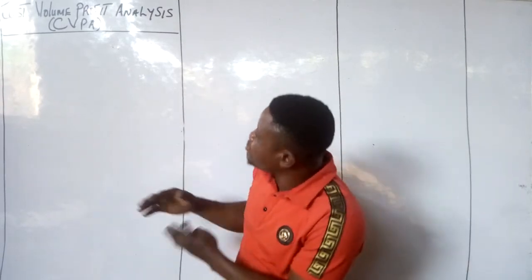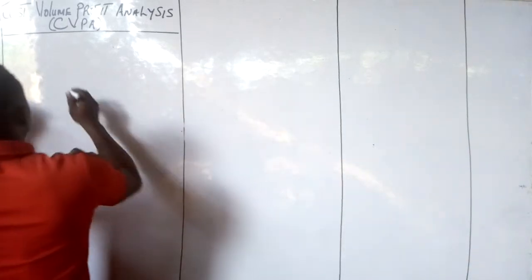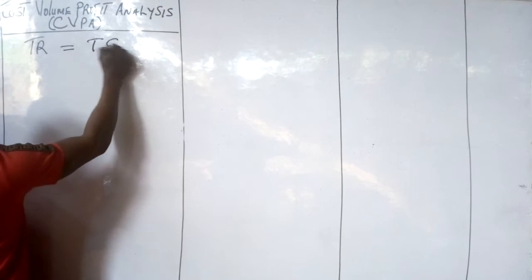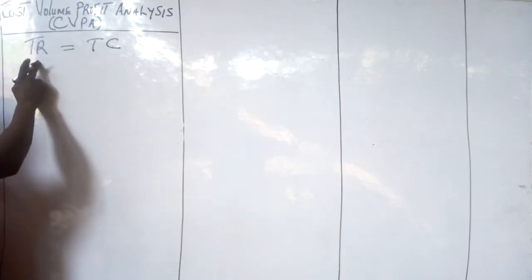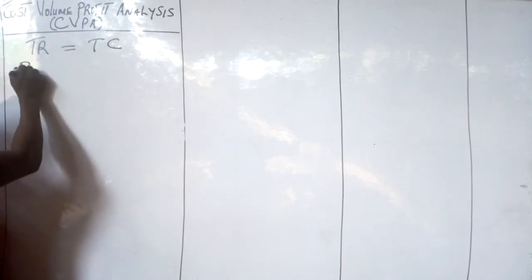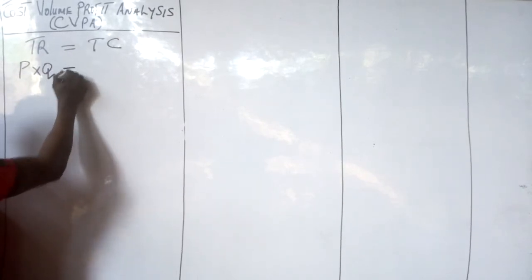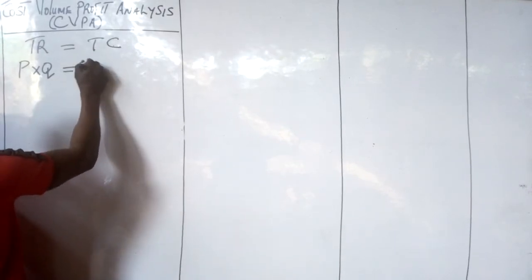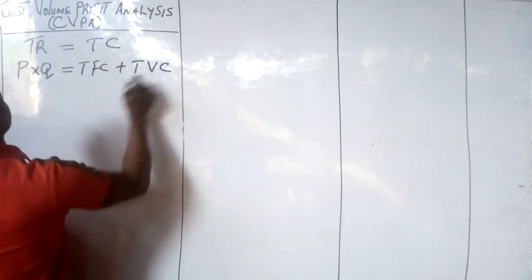To derive the formula relating to cost volume profit analysis, we will look at the total revenue, which is equal to the total cost. Now, the total revenue is given as the product of price, which is the selling price, times the quantity produced, equals total cost, which is the combination of total fixed cost plus the total variable cost.